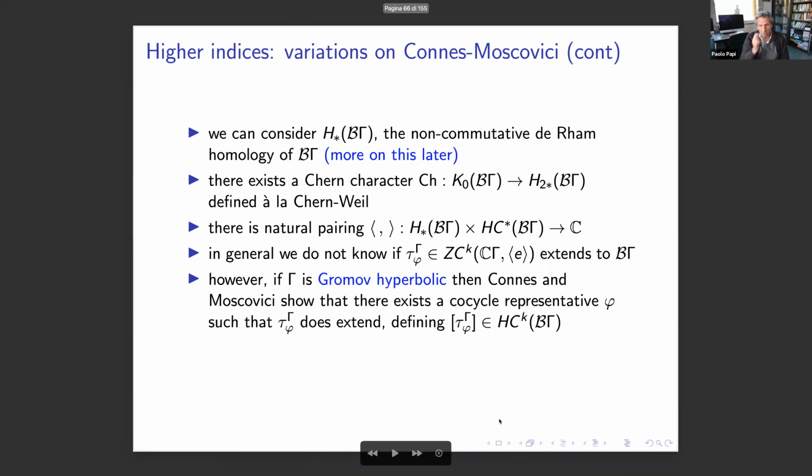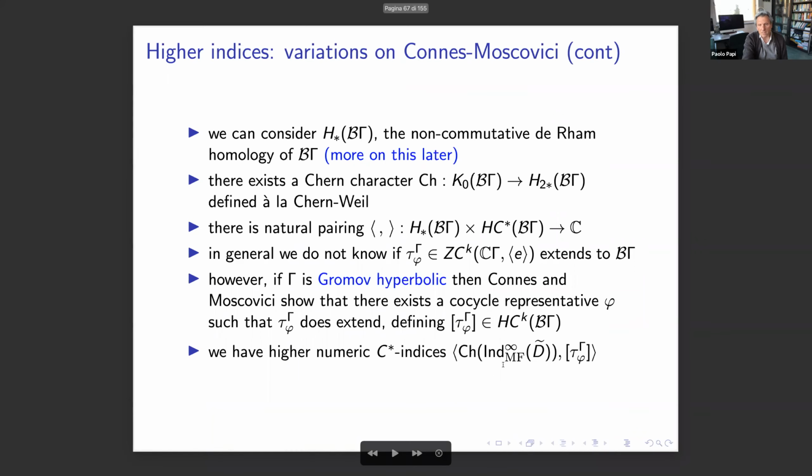And what Connes and Moscovici show in their famous paper is that if Gamma is Gromov hyperbolic, then there is a representative cocycle such that the cyclic cocycle extends. So this defines now an element in the cyclic homology of B Gamma.